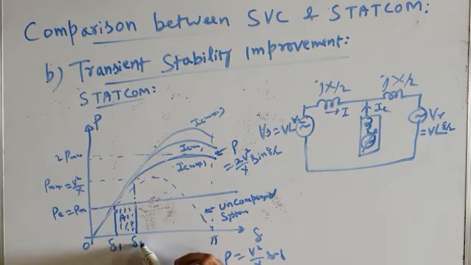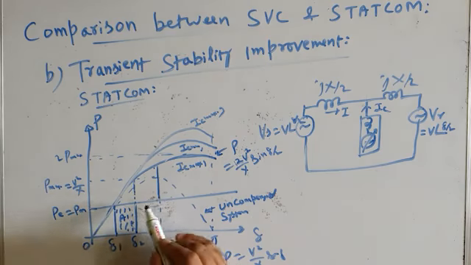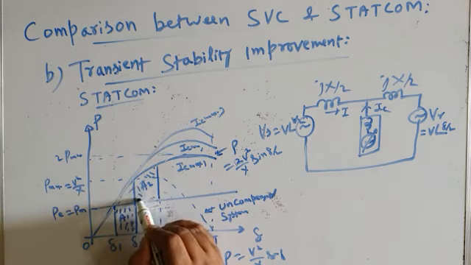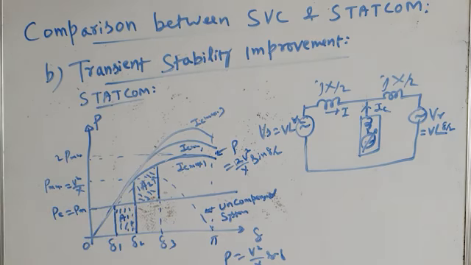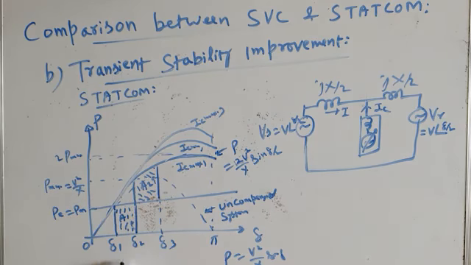It is more than the mechanical input power. Mechanical input power is this much, but electrical output power is this much, so that will cause deceleration of the machine. The machine will start releasing the stored kinetic energy, it will decelerate, and delta will keep on increasing till, at delta 3, the area A2, which represents the kinetic energy released by the machine, or the decelerating kinetic energy, becomes exactly equal to A1.